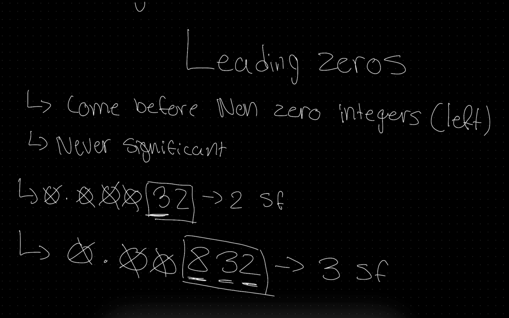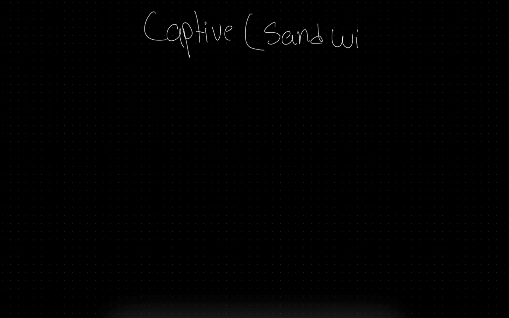Alright, now let's look at captive zeros, which I like to call sandwich zeros. So, what are captive or sandwich zeros? They are between two non-zero digits, which is why I like to call them sandwich zeros, because it's like in between two breads.